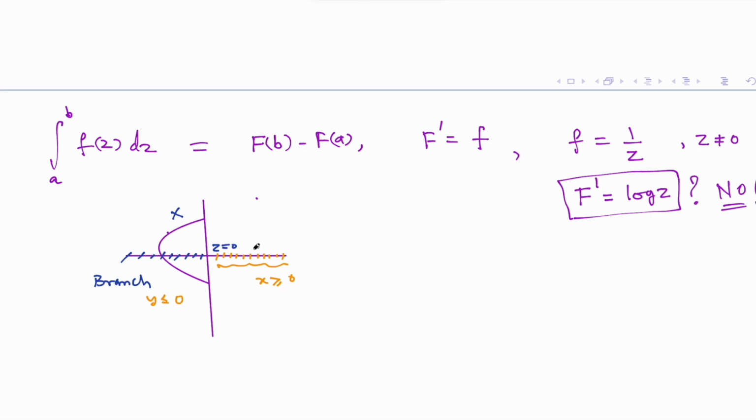In that case, your argument will start from here and move like here and come back to here. So this is theta equal to 0 and theta equal to 2 pi, right? So with theta from 0 to 2 pi, this function is well defined because it is not crossing the branch cut or branch line, right?